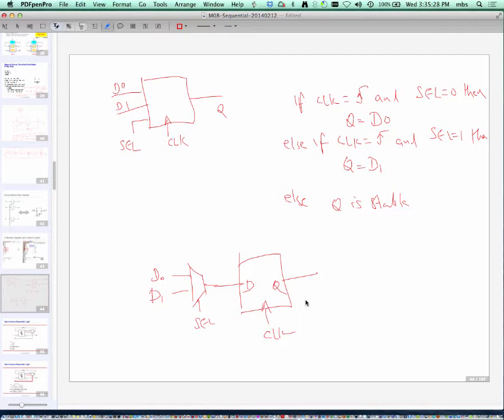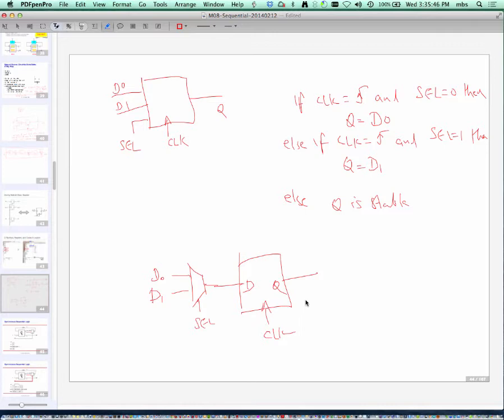So what I mean by that is if let's say on clock edge number 1, the output changes from 0 to 1. On clock edge number 2, I want the output to go from 1 back to 0. So I wanted to toggle every clock edge. How would you do that?